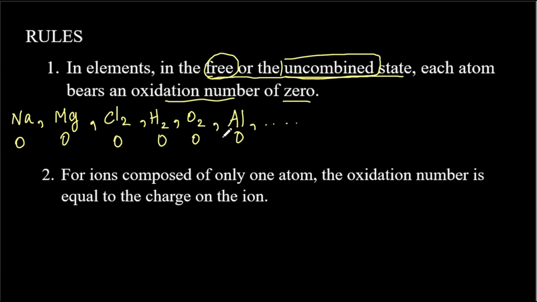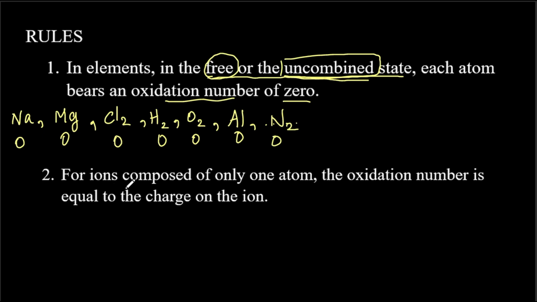So when an element or a molecule is present in its uncombined state, always chlorine exists as Cl2, always hydrogen exists as H2, then oxygen exists as O2. So it is their uncombined state. You cannot see Cl alone. Always it exists as Cl2. Same as H2, N2. So in all these elements or molecules, the oxidation number is 0.